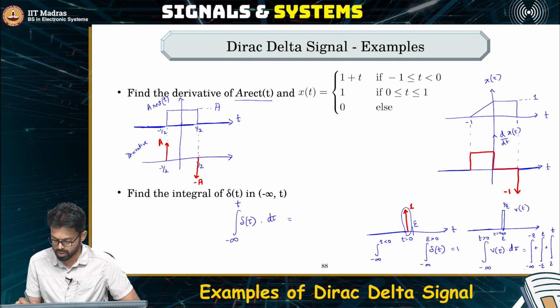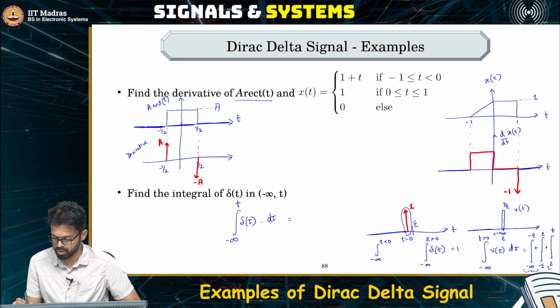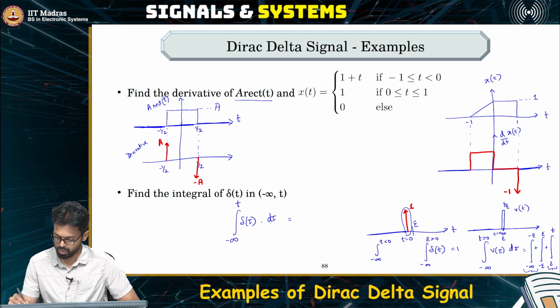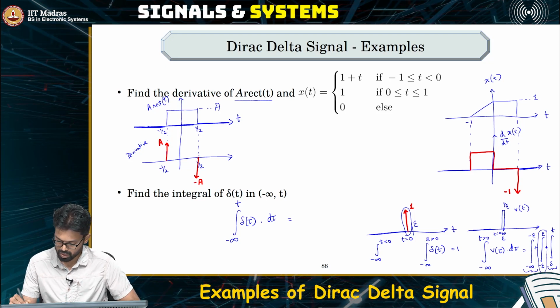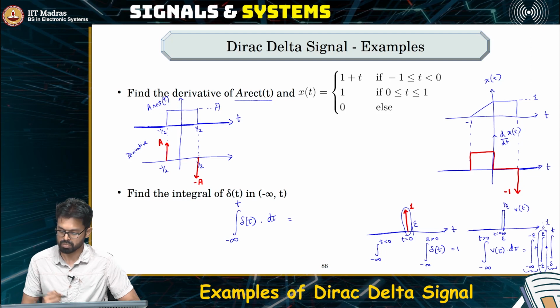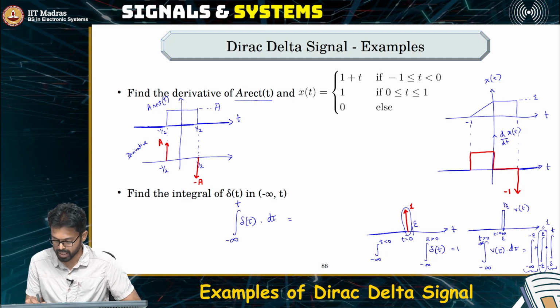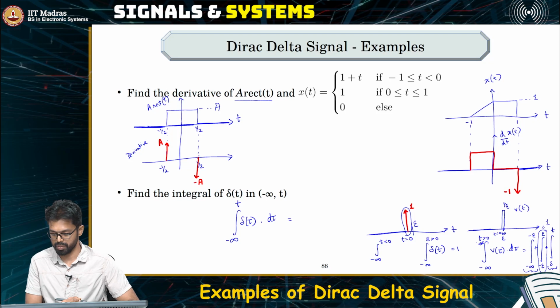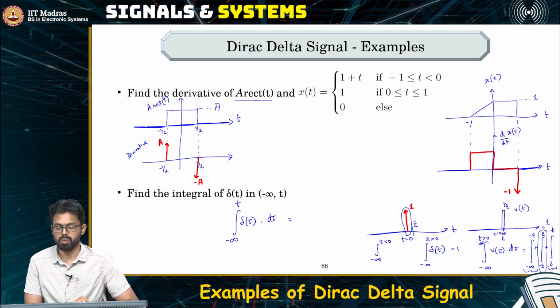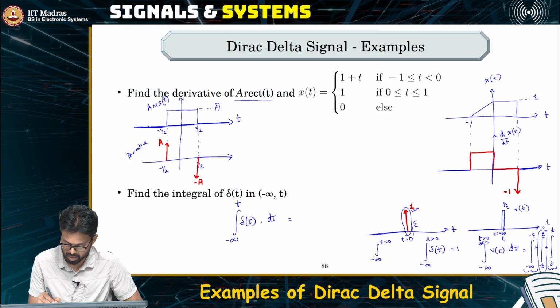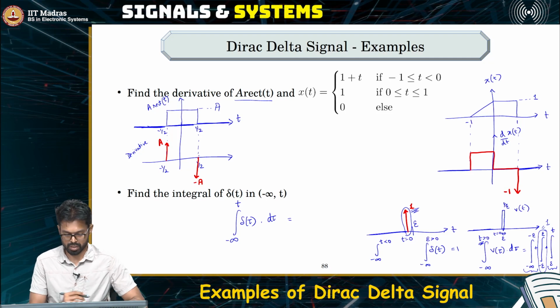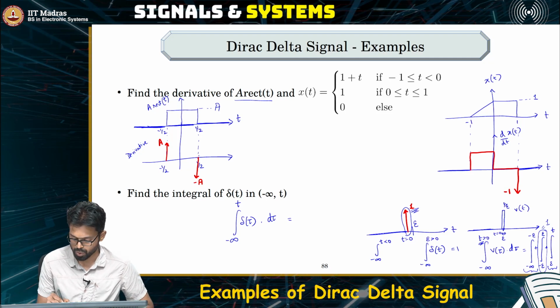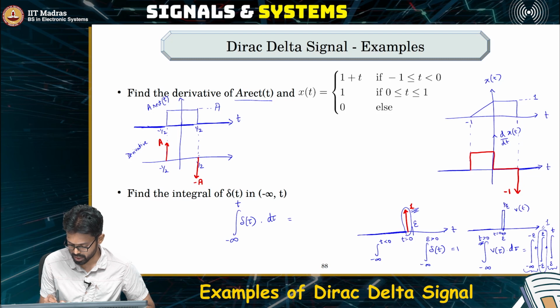This portion will be 0, this portion will also be 0, whereas we have a portion here which gives you 1. So no matter what the value of t is, as long as t is positive, this integral's value will always be equal to 1, the area of the Dirac delta function. So this is in fact going to look like 0 till t equal to 0.